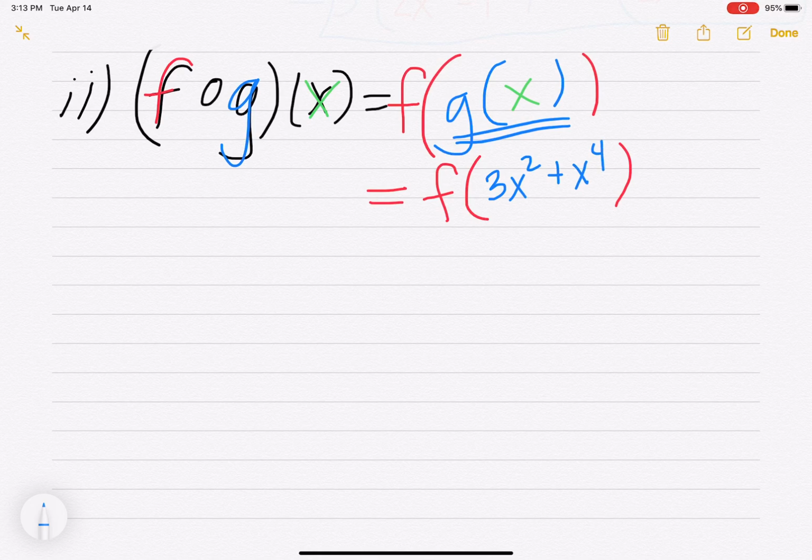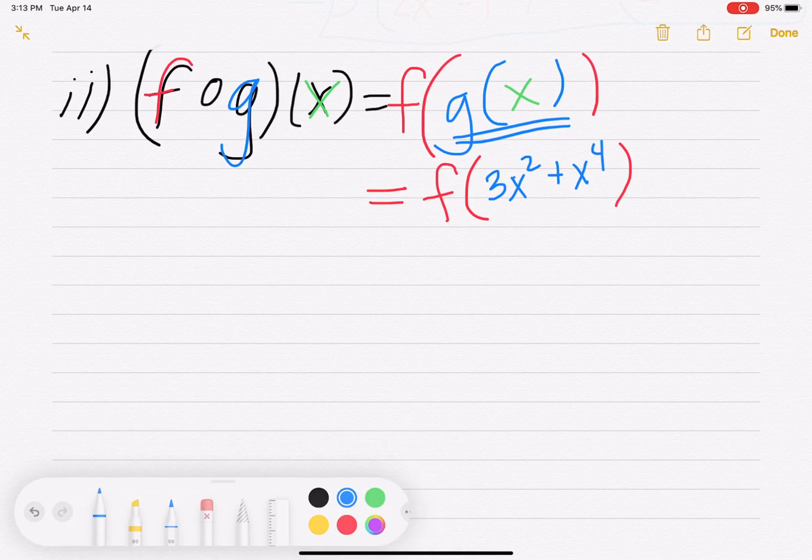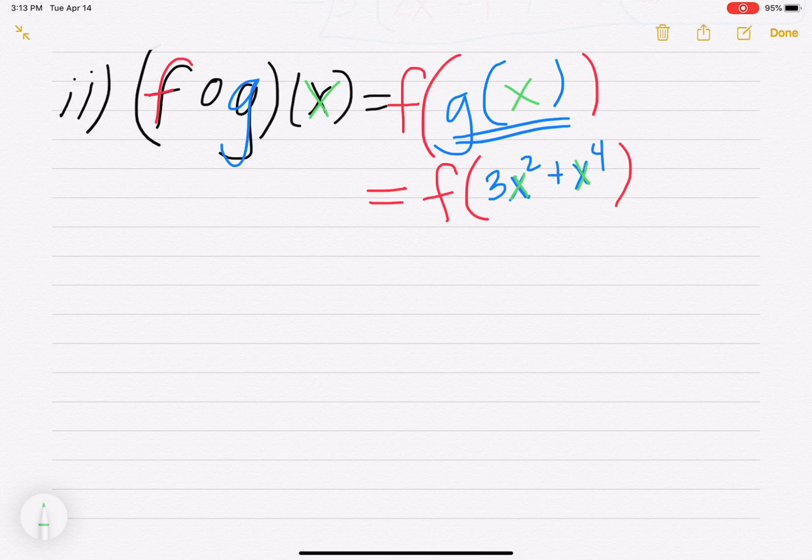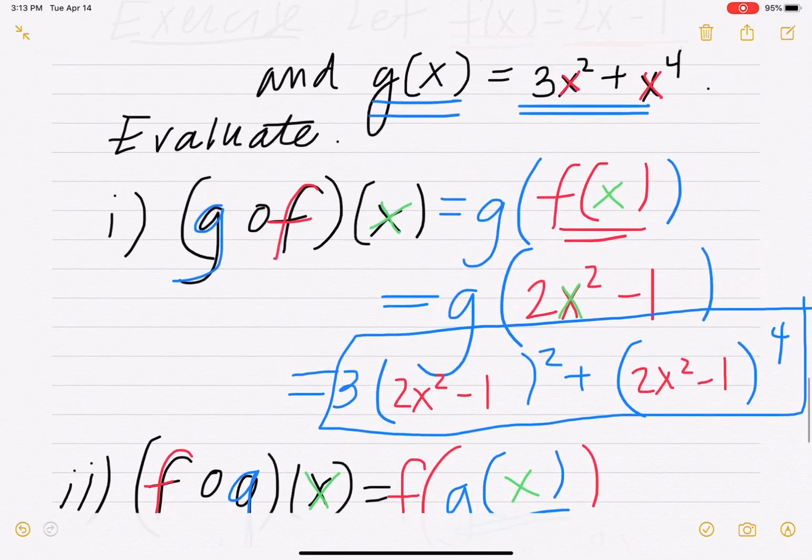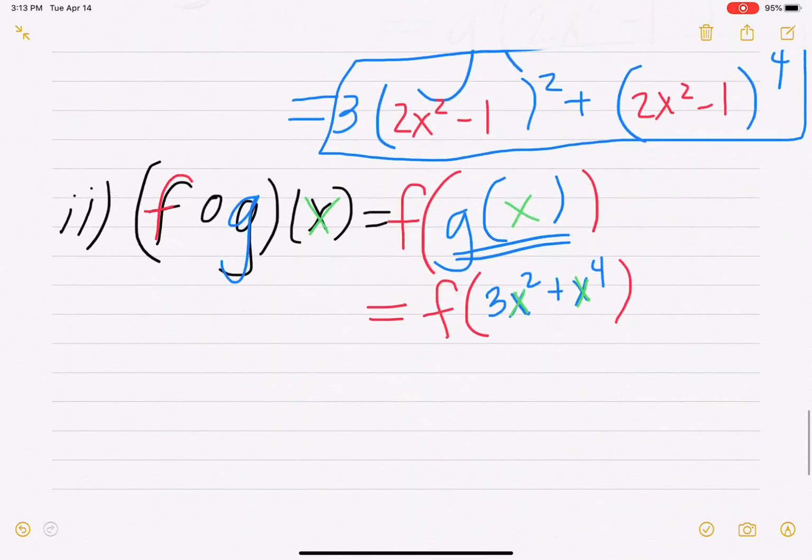Now, there's really nothing to do there. I'll make the x's green if you like. There's really nothing to simplify there. So we're going to take this blue dude, 3x squared plus x to the fourth, and we're going to plug it into the red function, 2x squared minus 1. So we're going to have a 2 blank squared minus 1.